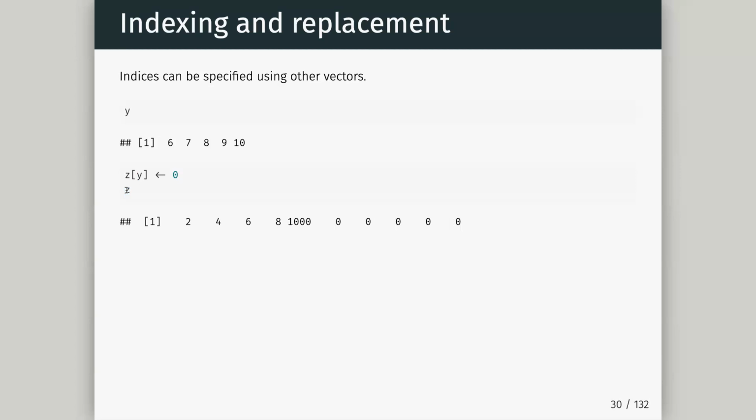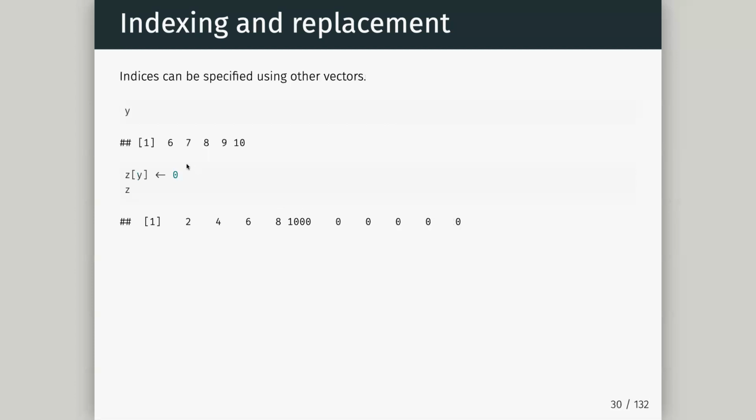Usefully, we can now start to mix and match. We could use another assigned vector to index our other vector. In this case, I've got a vector y, which is 6, 7, 8, 9, 10. I can use this to replace values in my vector z, which now looks like this: 2, 4, 6, 8, 10, 1000, 12, 14, 16, 20.